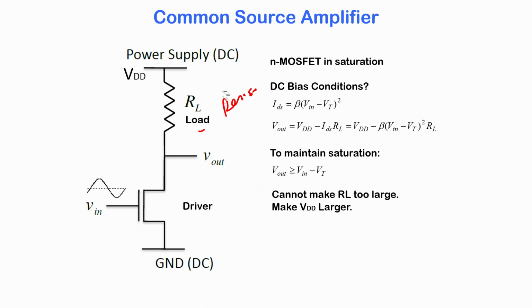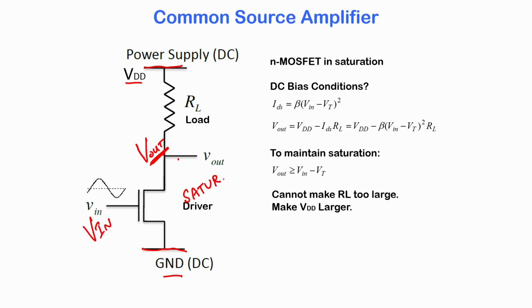This is the way the circuit is connected. You see a power supply here, capital VDD, that is ground, and the power supply is designed so that there is a DC voltage Vout which is not shown here, and a DC voltage Vin which is not shown here, and everything is done so that the MOSFET is in saturation.